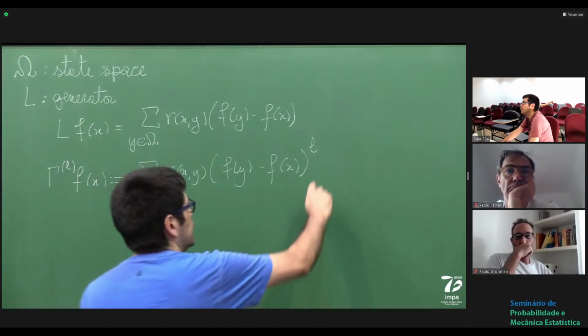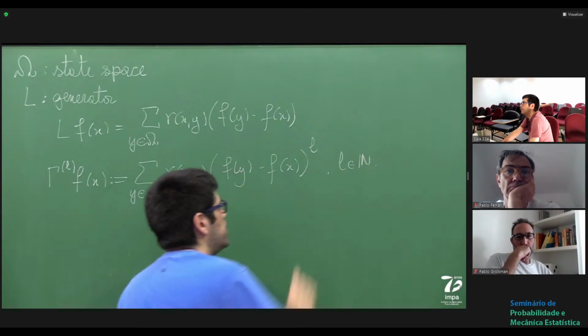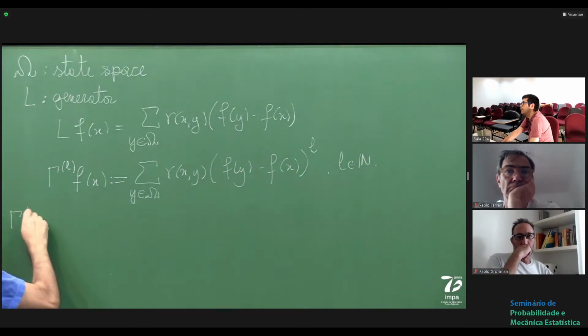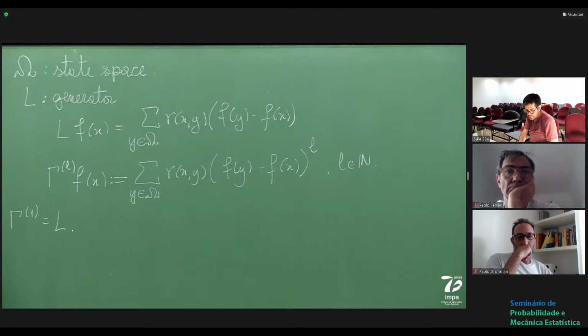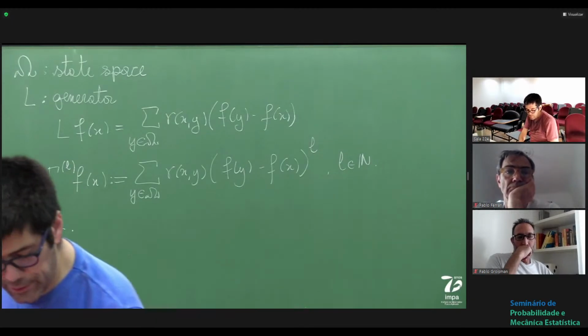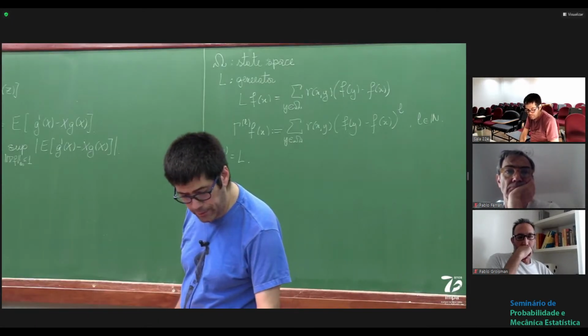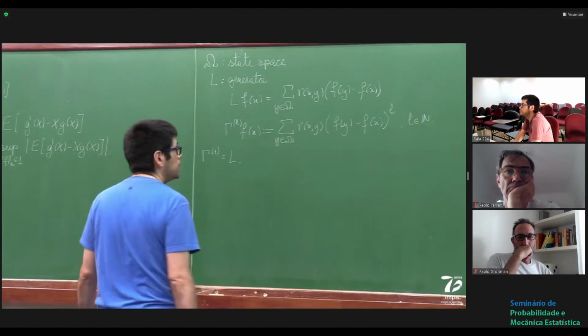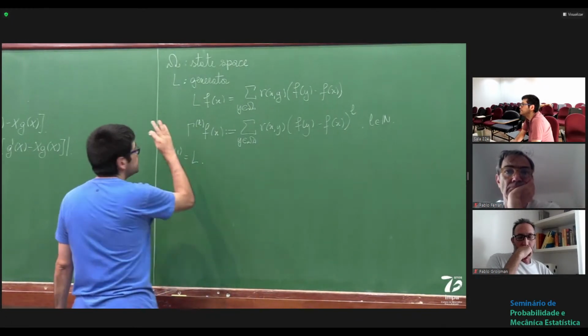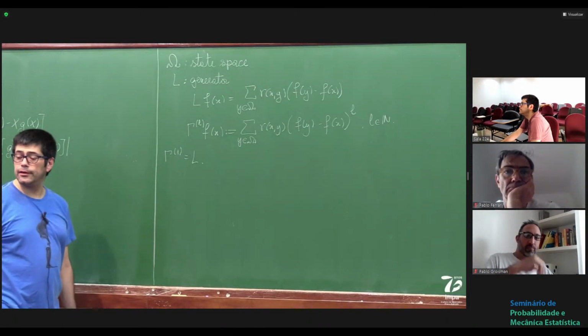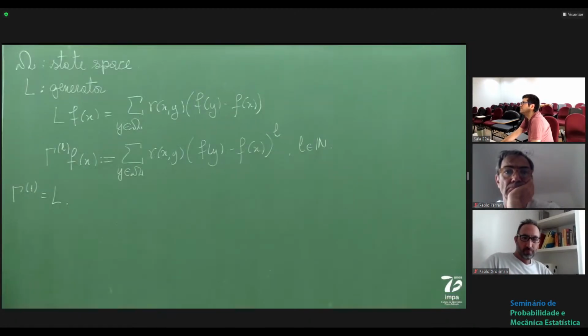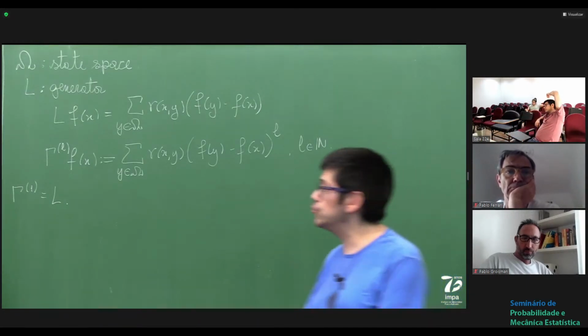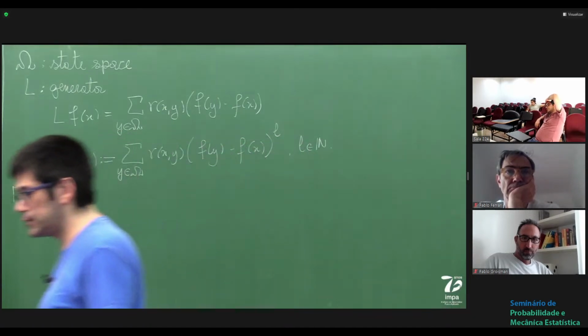So and here L, it's a natural number, and you can observe that actually gamma of 1 is equal to L. So this is the generator of our Markov chain, and for simplicity, I'm going to assume that omega is finite. But if you take care of the summability issues, everything works in infinite state spaces.